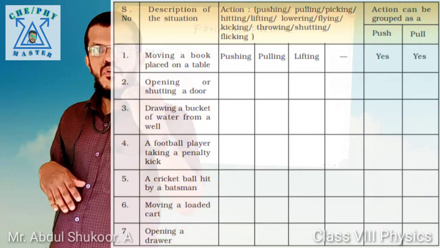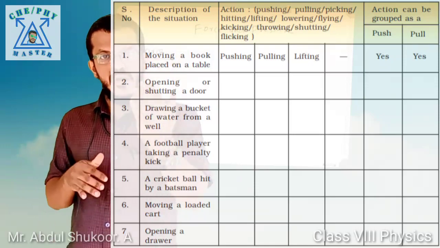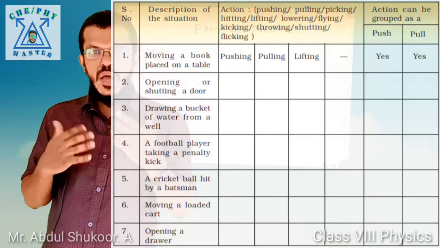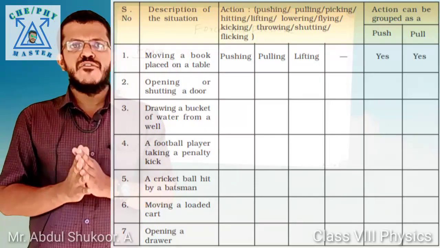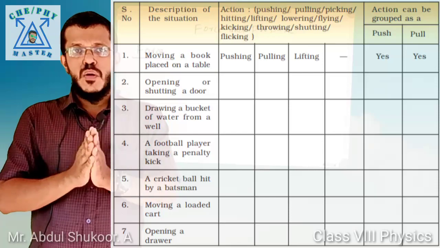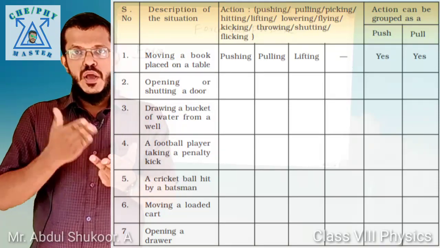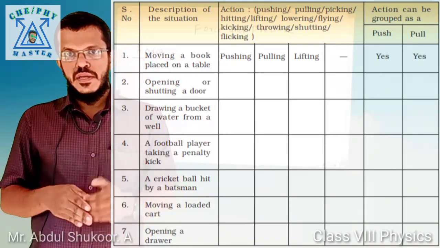Sixth, moving a loaded cart. Seventh, opening a drawer. In these examples, you have to write what actions are made on these objects. Maybe pushing, pulling, or lifting, etc. You have to complete it.